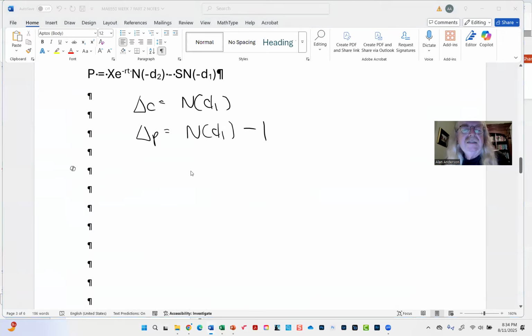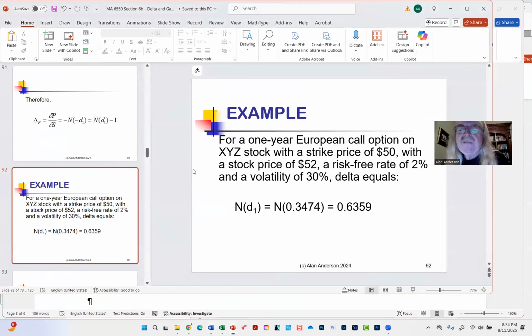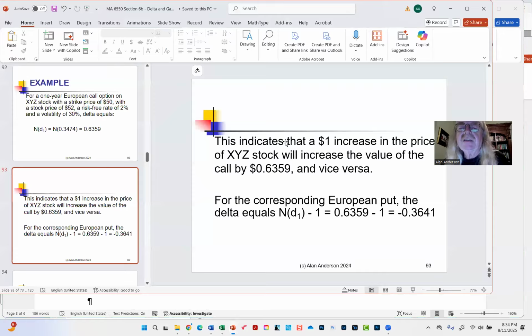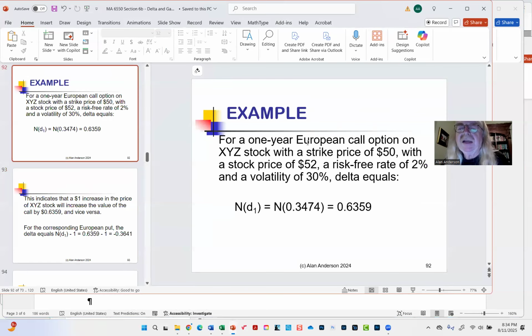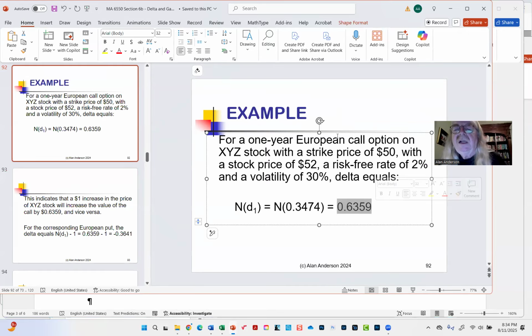So if you remember, we had this example a while back where we had a European call option on XYZ stock with a strike of $50, a stock price of 52, and a risk-free rate of 2%. We plugged these into the Black-Scholes formula, and we did end up with a price of $7.60 some odd cents. But along the way, we showed that N(d1) is approximately equal to 0.6359.